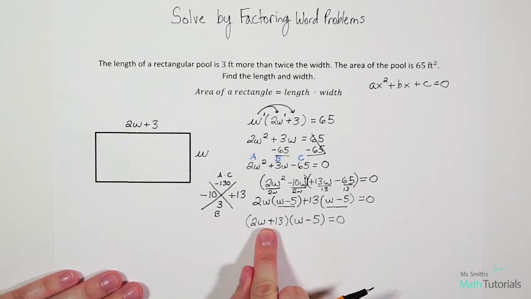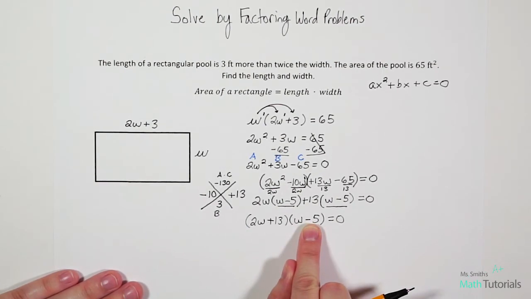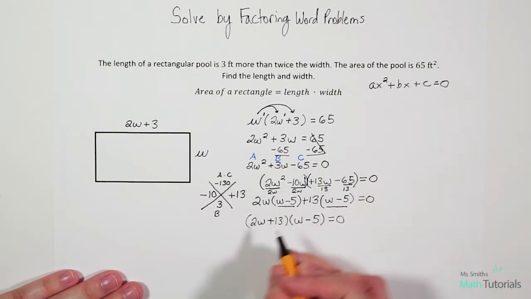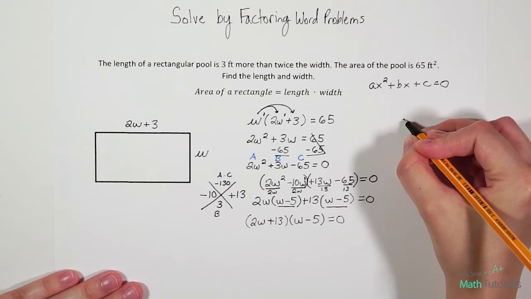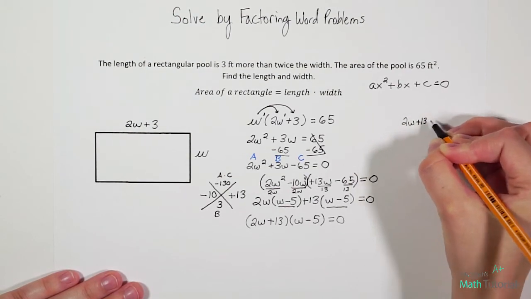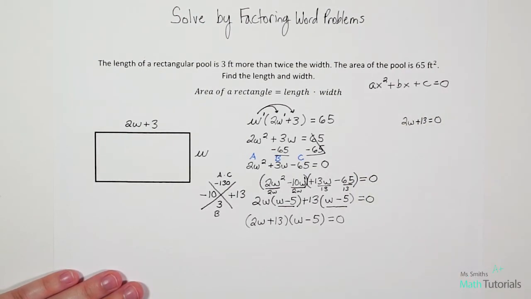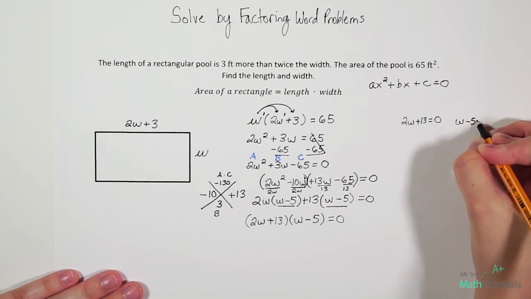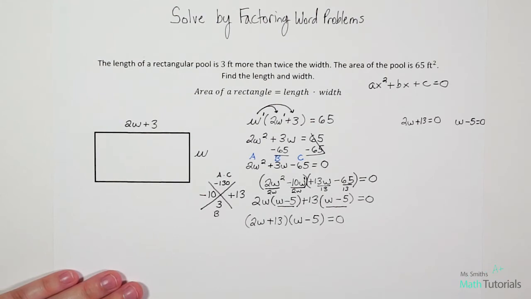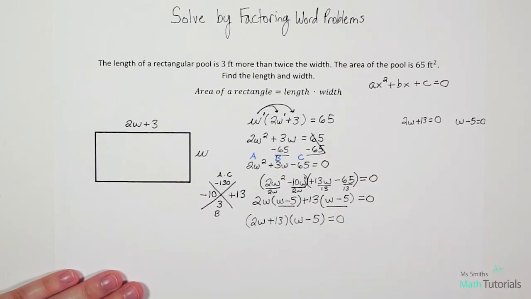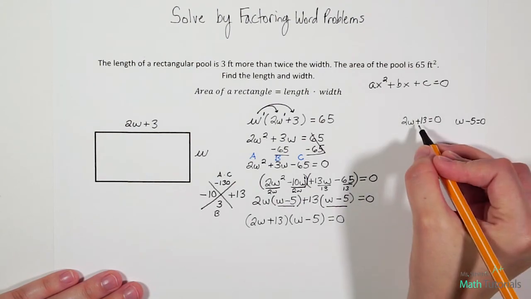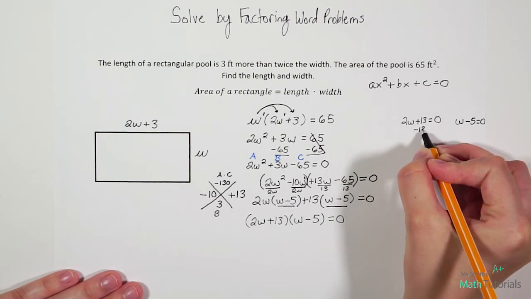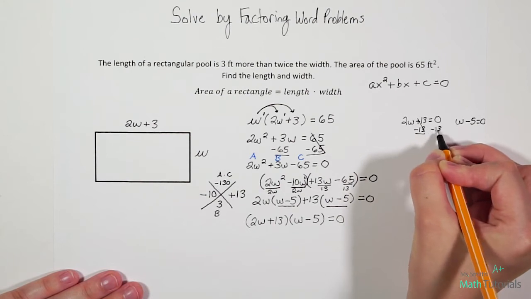Now we take each parenthesis set one at a time, and we set them both equal to 0. So I'm going to move that over here. I would take 2W plus 13 and set it equal to 0. And then I would take W minus 5 and set it equal to 0. And now we just solve each equation for W. So for this first equation, I would want to subtract 13 from both sides.